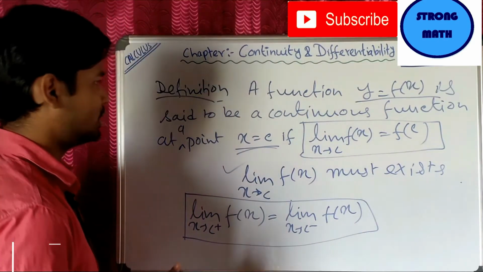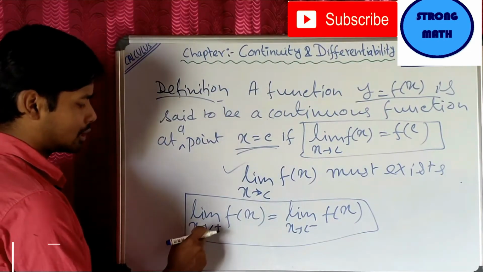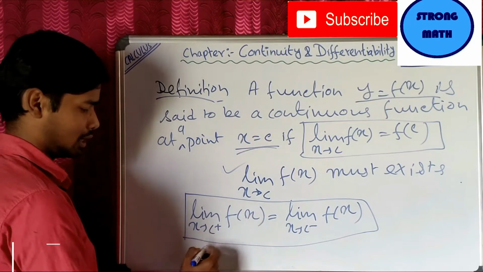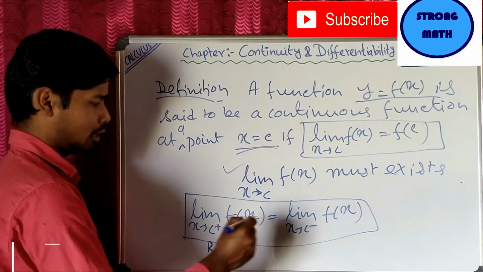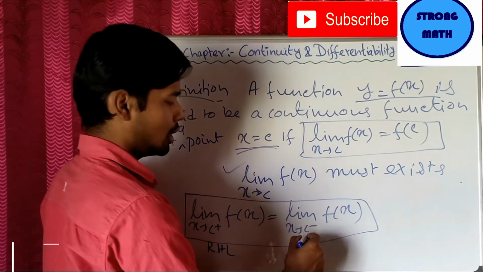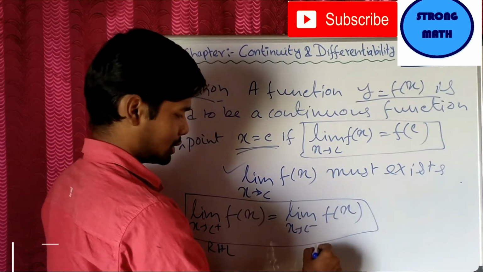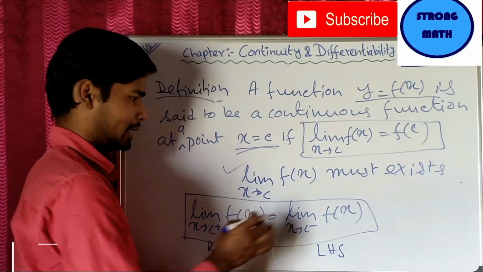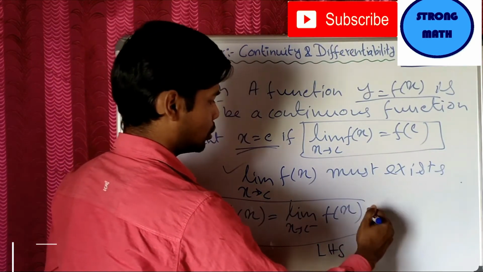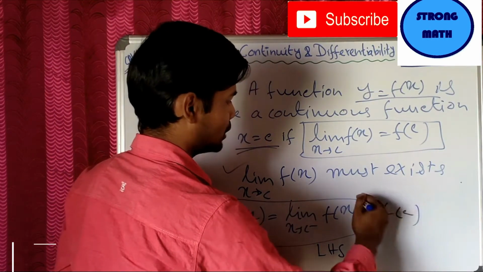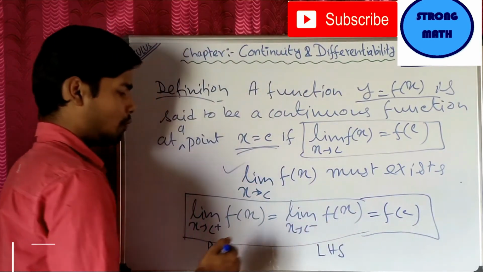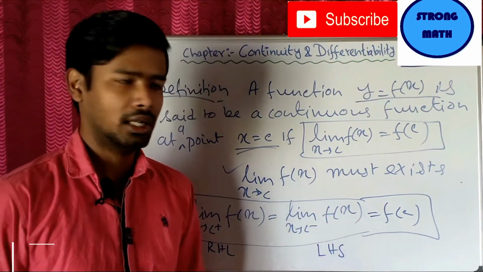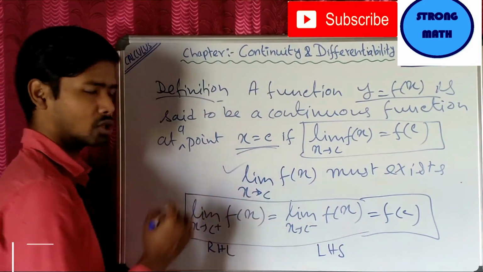So for a function, if limit x tends to c plus of f(x), the right hand limit, is equal to limit x tends to c minus of f(x), the left hand limit, and both are equal to f(c), the functional value of the function at the point c, then we say that the function is continuous.